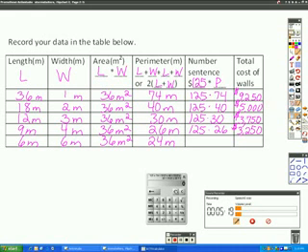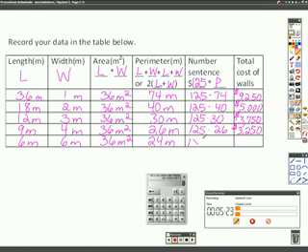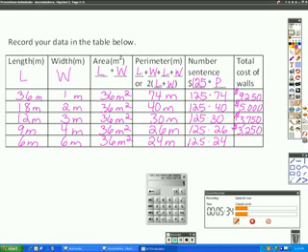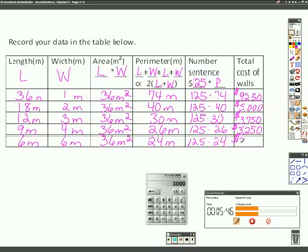And our final rectangle, which is a square, times 24, which equals a total cost of $3,000.